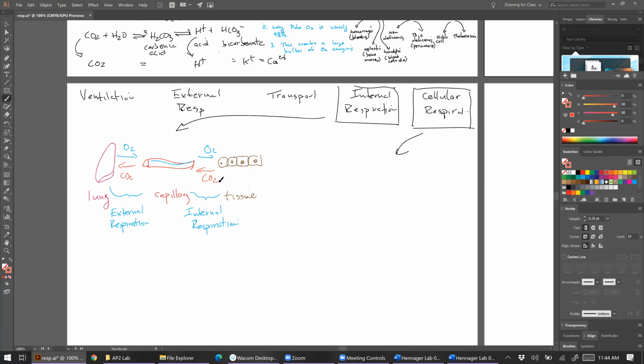There's only a few things that affect internal, and that would be like if you had a house fire, it increases CO2, then you'll be shoving CO2 towards tissue.